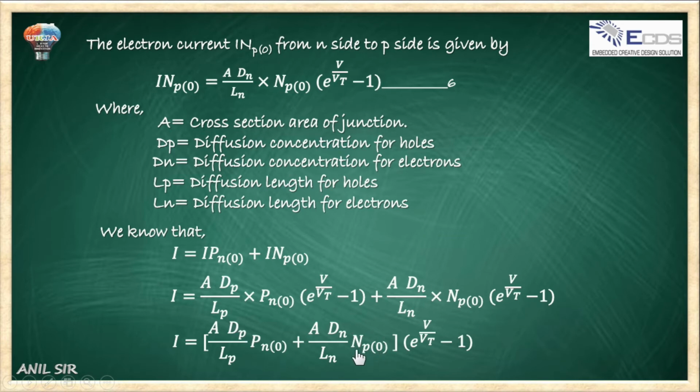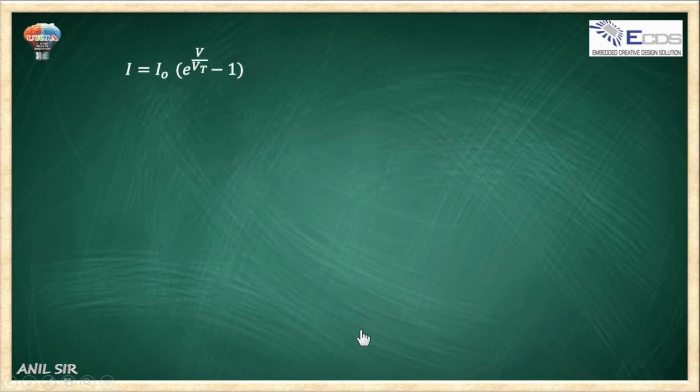Reverse leakage current means it is related with hole concentration in the N side and electron concentration on the P side. So this is considered as reverse leakage current, denoted by I0. So I equals to I0 into e raised to the power V upon Vt minus 1.